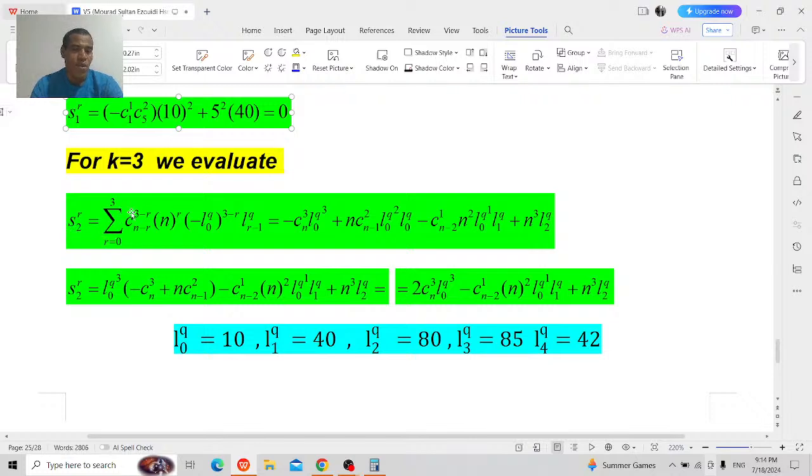The sum from 0 to 3 of combination n minus r choose 3 minus r, n raised to the power r, negative l0 of the q raised to the power 3 minus r times l r minus 1 of the q. After developing and simplifying, we obtain the last one, which is 2 combination n choose 3 l0 of the q raised to the power 3 minus combination n minus 2 choose 1 n squared l0 of the q raised to the power 1 times l1 of the q plus n cubed l2 of the q.